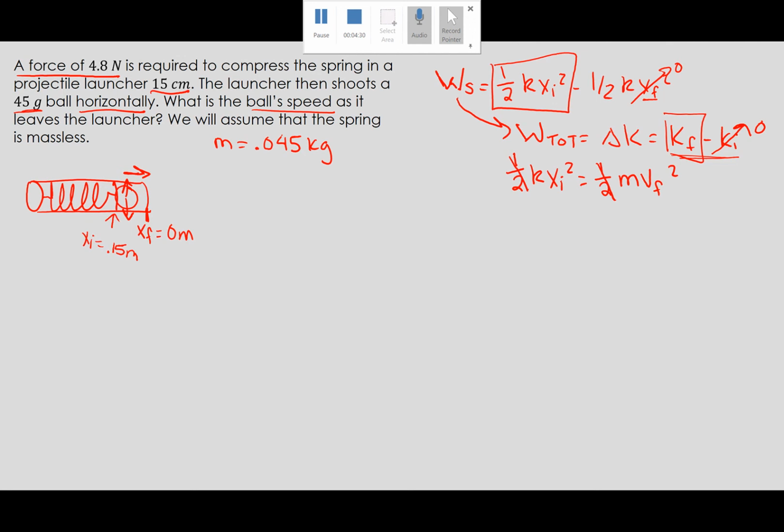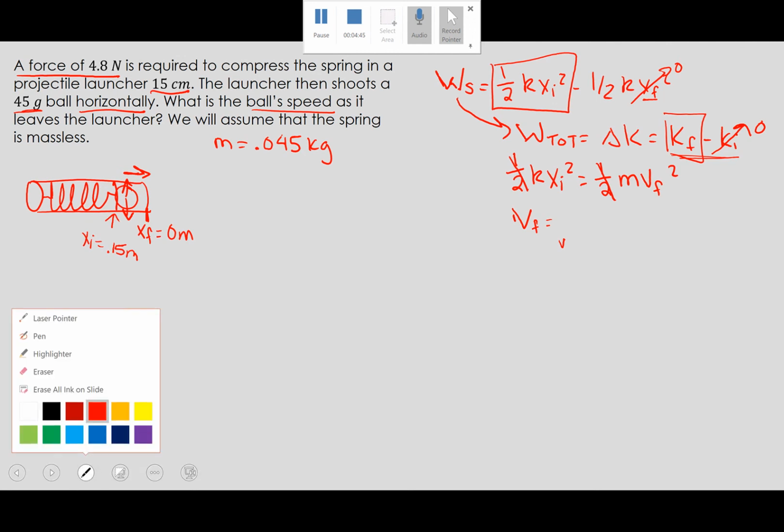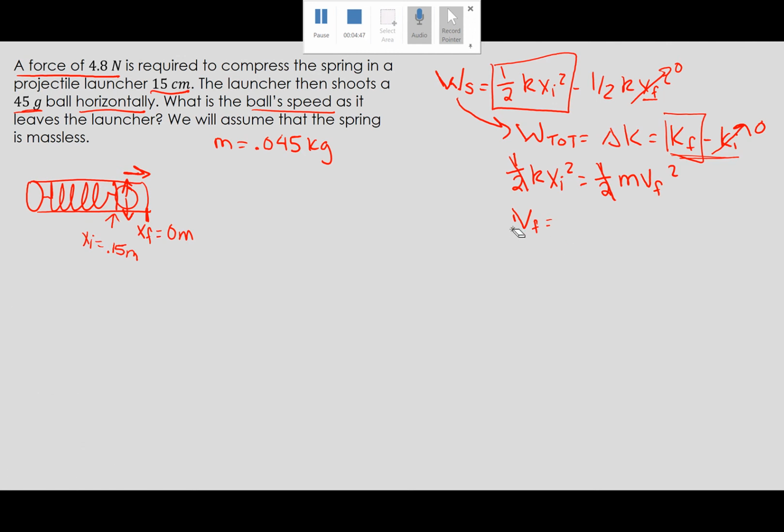And when we rearrange for speed, since that's what we are looking for, we do finally get this due to the magic of algebra.